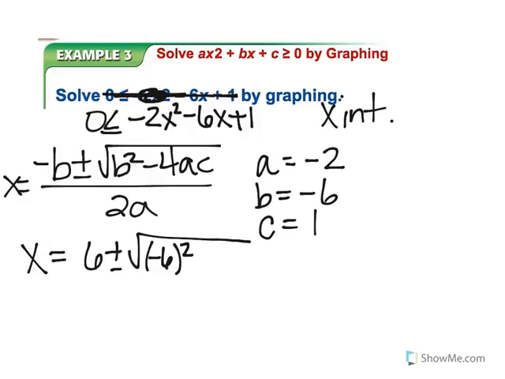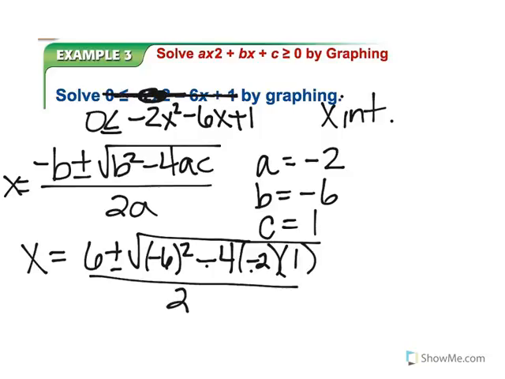Make sure you put your parentheses on the -6 because it will mess up your signs. A lot of people had troubles on that on the quiz. Minus 4 times -2. Also, these two negatives are going to make a positive, so watch out for that. Times c, which is 1, all over 2 times -2.